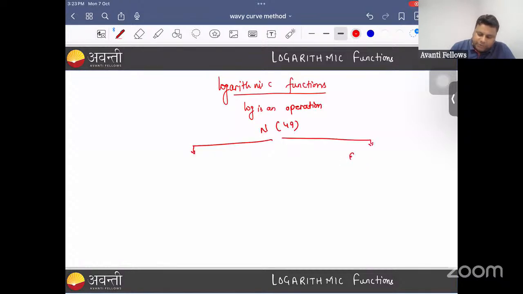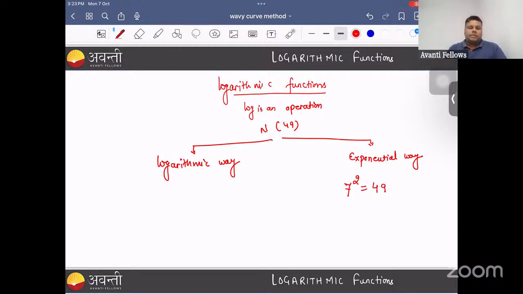One is the exponential way and the other is the logarithmic way. Now what is the exponential way? Like 7 square is 49.